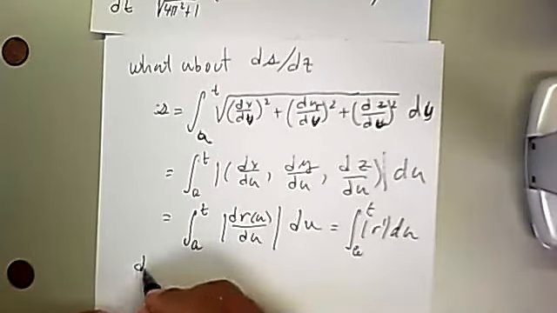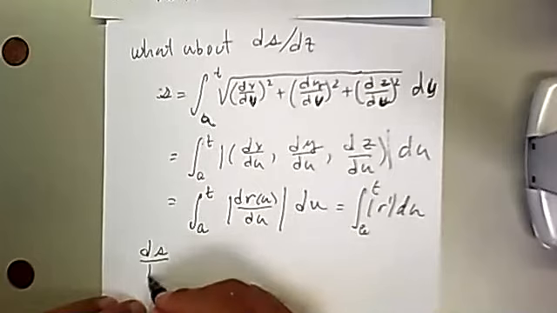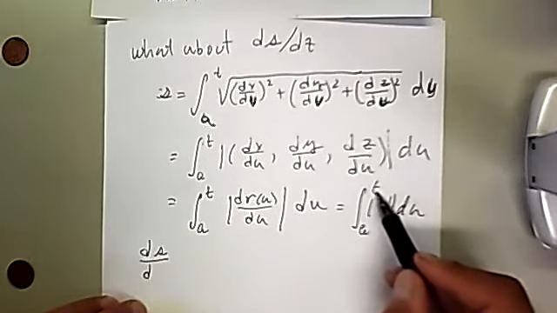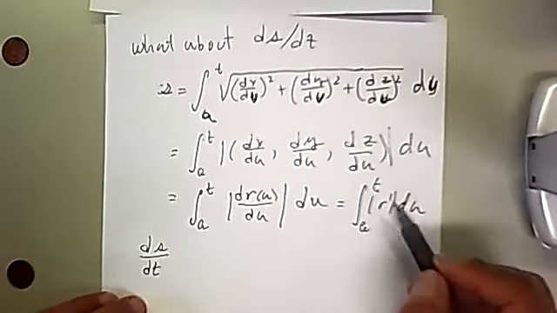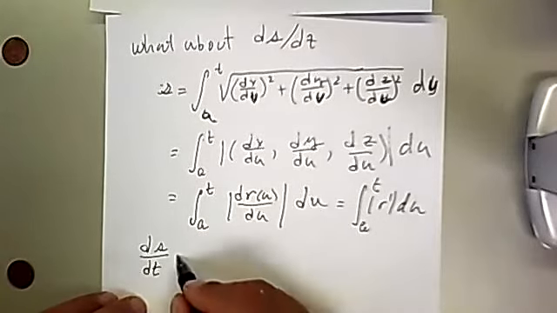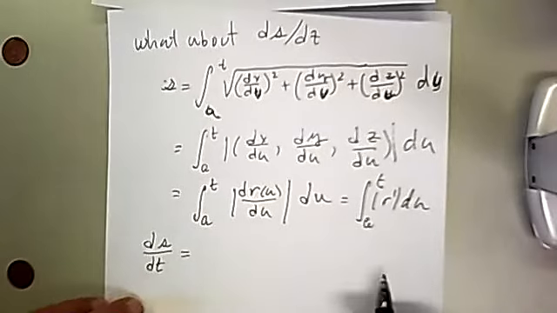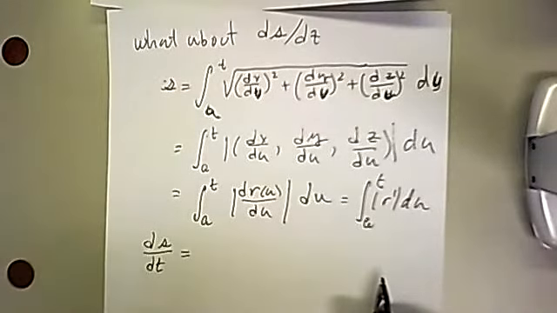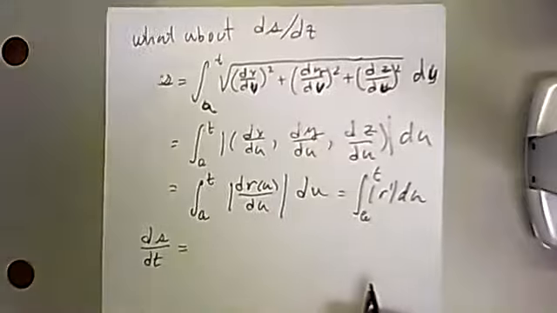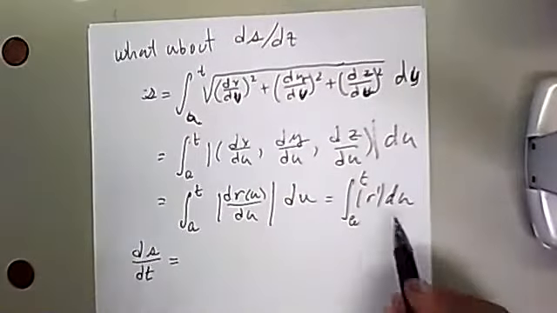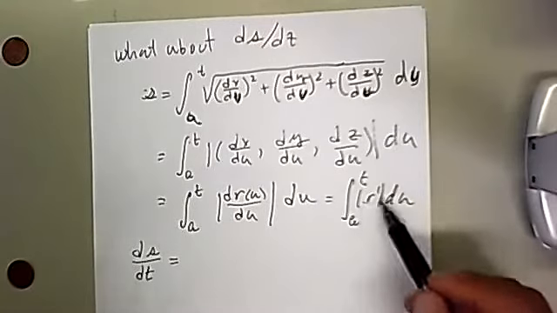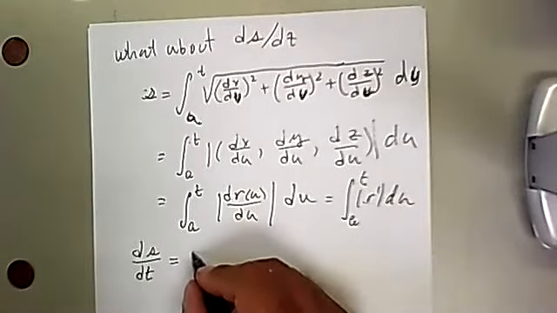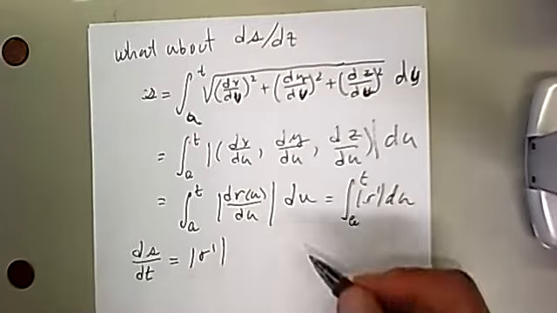Well, s is equal to the integral of the magnitude of r prime. If we want to find the derivative of s with respect to t, t is the upper limit of this integral. By one of the two parts of the fundamental theorem of calculus, we know that we're just going to end up with the magnitude of r prime.